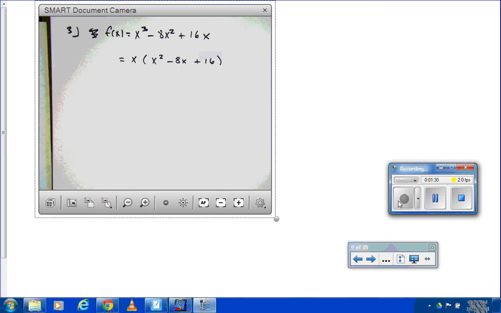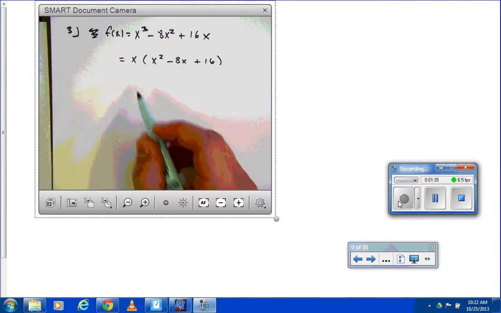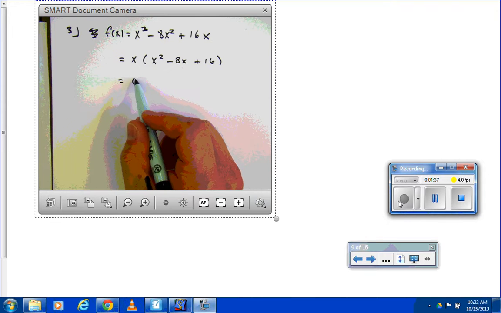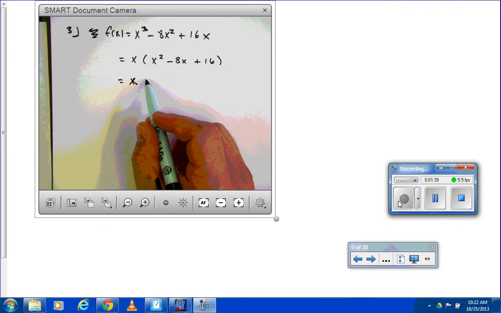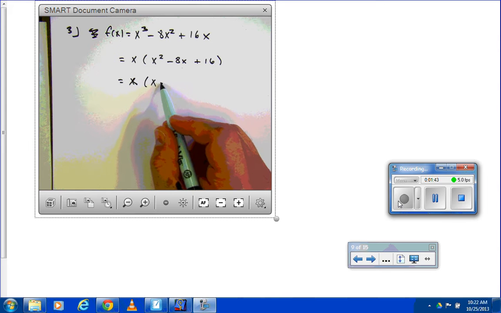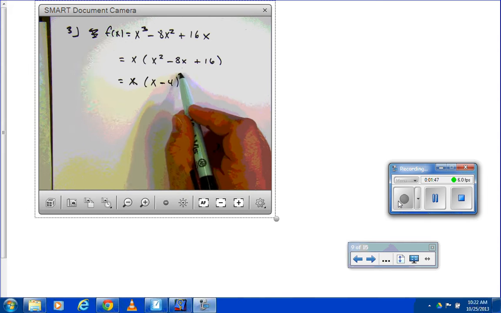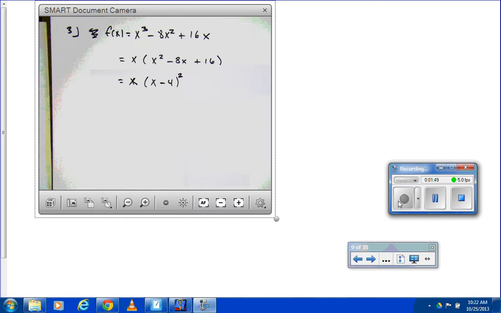Okay, now let's factor. What are factors of 16 that'll add to give me 8 there? Yeah, 4 and 4. So x times, it would be minus 4, wouldn't it? Okay, x minus 4 times x minus 4. So yeah, let's just say x minus 4 quantity squared. That way we can spot multiplicity better.